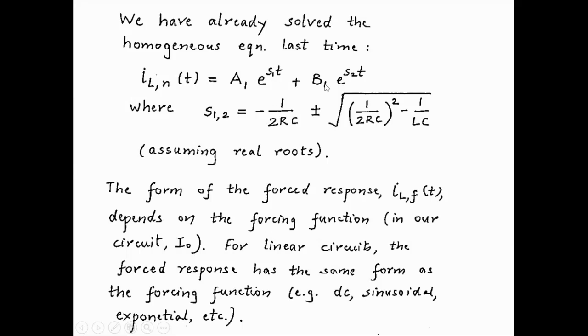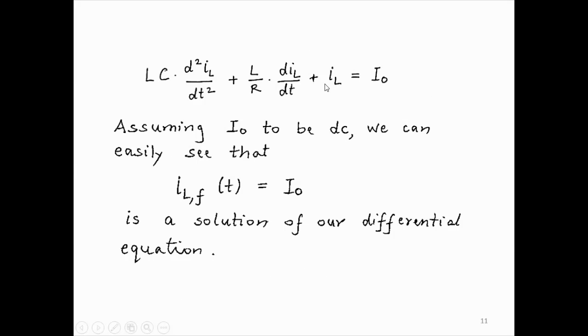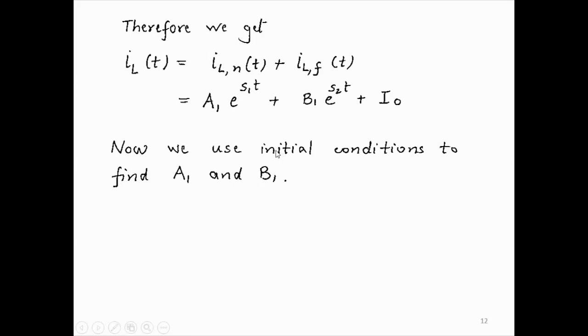So be careful and remember that the initial conditions must be applied to the complete solution, because this is the I_L, and we are saying this I_L is whatever it is at t equal to 0, and its derivative is whatever it is at t equal to 0. The natural solution is only part of the solution.